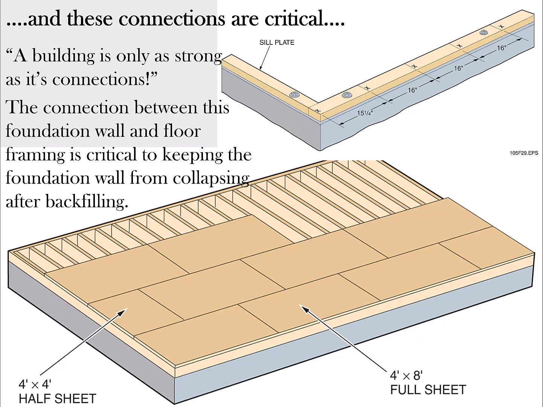When we're talking about connecting one kind of material to another, like in this case, we've got to connect concrete to wood. In order to get a good connection, you have this sill plate. That sill plate is what allows you to get a good connection by those anchor bolts. Now there are other ways other than anchor bolts.